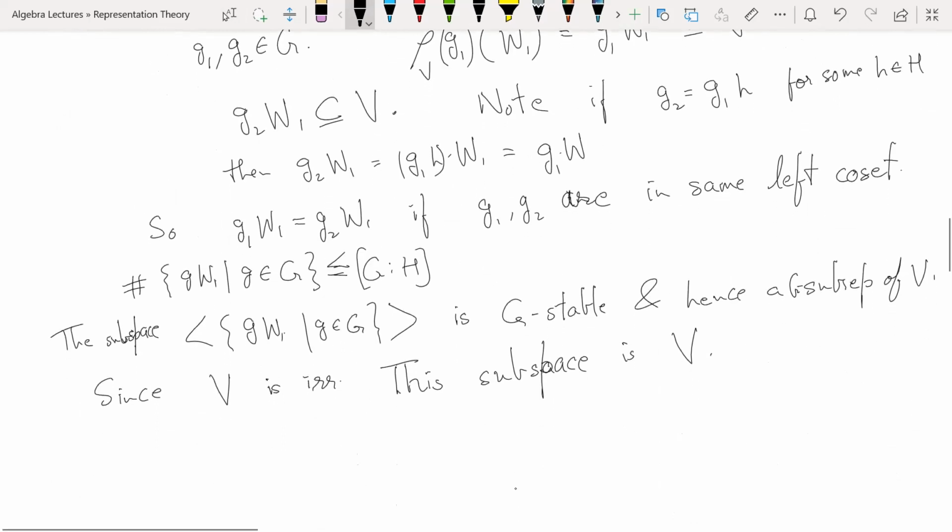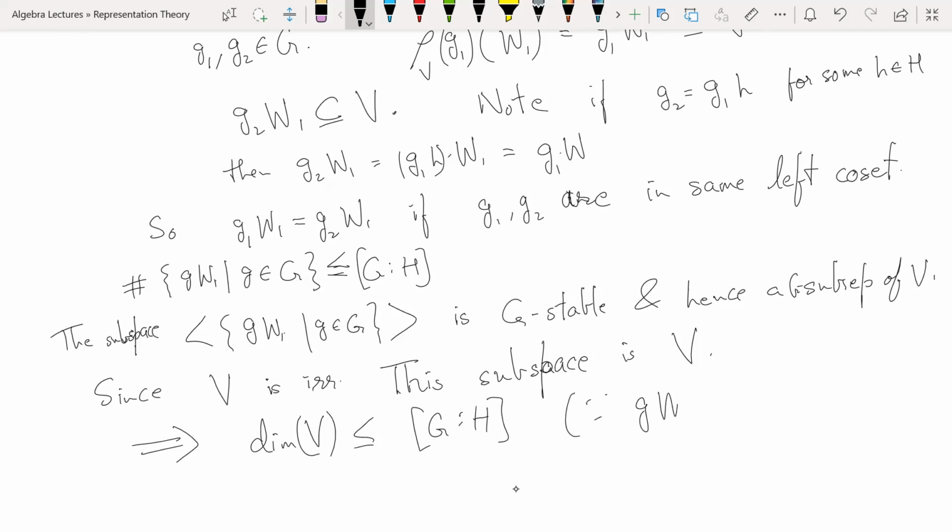This implies the dimension of V is less than or equal to G colon H, since GW1 is one dimensional. W1 is one dimensional, and hence GW1, the image of W1 under a linear map, is also one dimensional. So this is what we wanted to show.